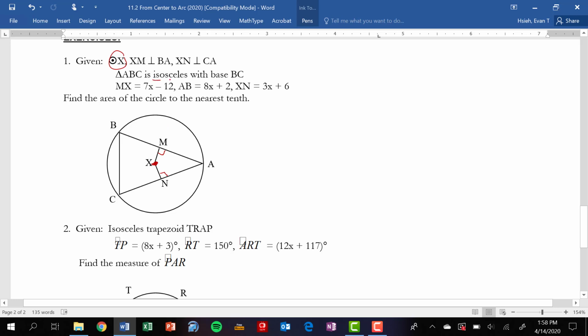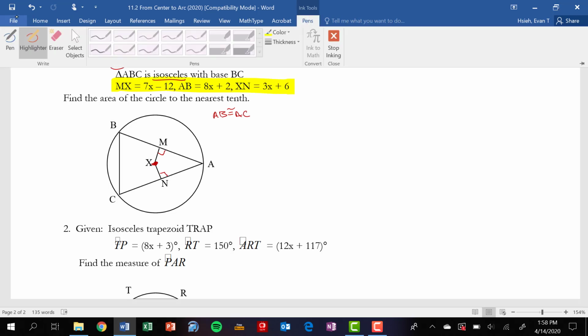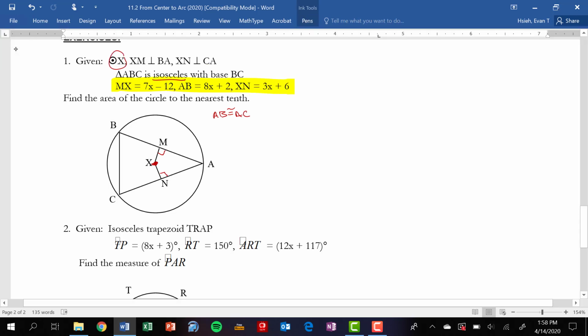ABC is isosceles with base BC, so I know that the chords AB and AC are congruent to each other. I'm given some information here, and what I'm looking for is the area of the circle. So ultimately, I need the radius to get that area. I'm going to work towards it.